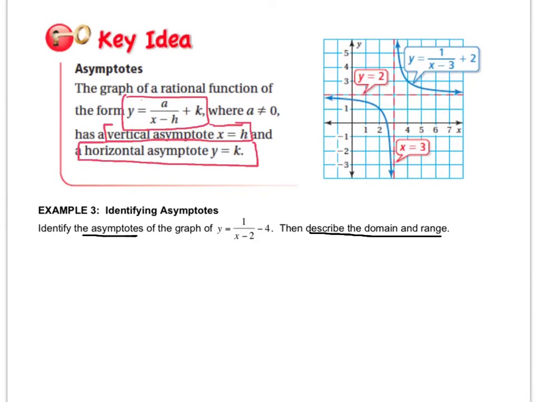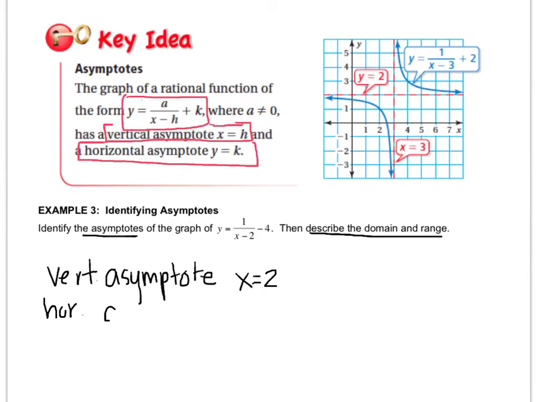So the vertical asymptote is where x equals whatever number is in the h spot. So since it says x minus h, and this says x minus 2, that must mean that the vertical asymptote is where x equals 2.